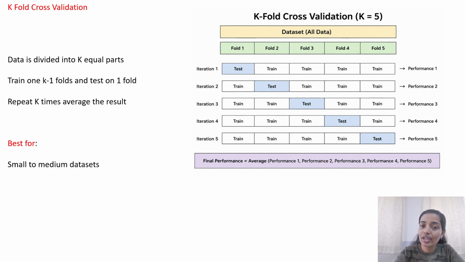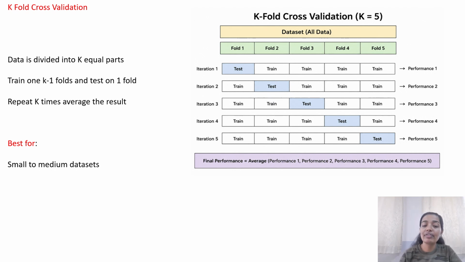In the same way, in cross-validation, the main concept is the value of k. Here the value of k is the number of folds, which is the number of splits we will have in our data set.